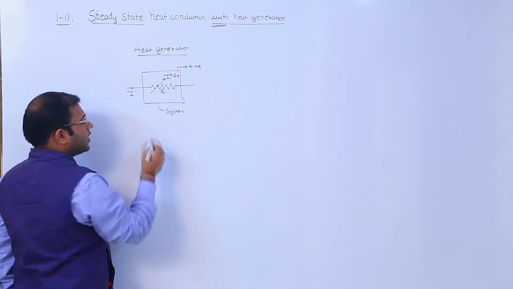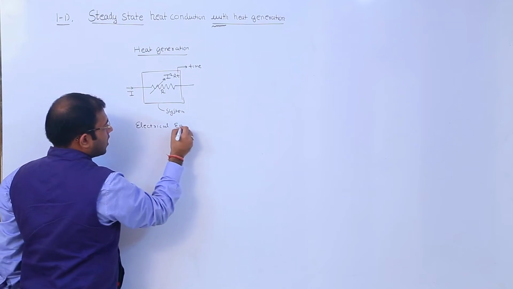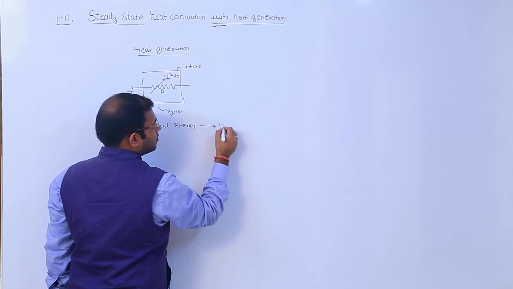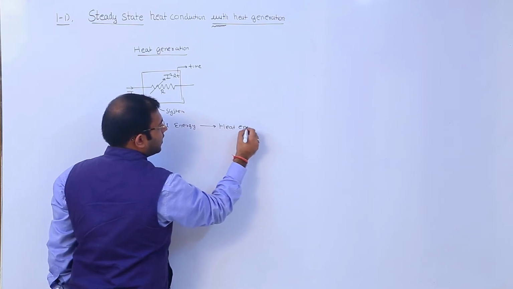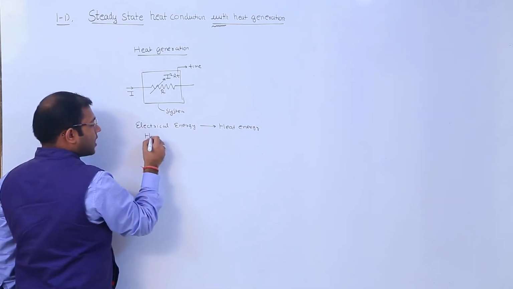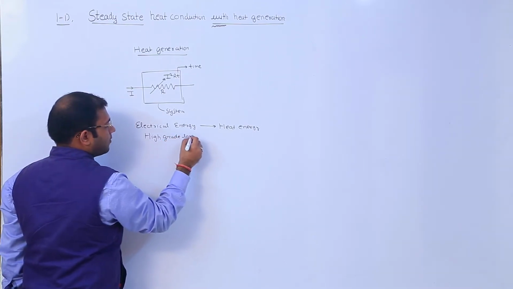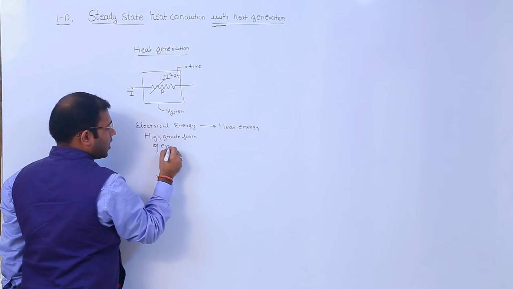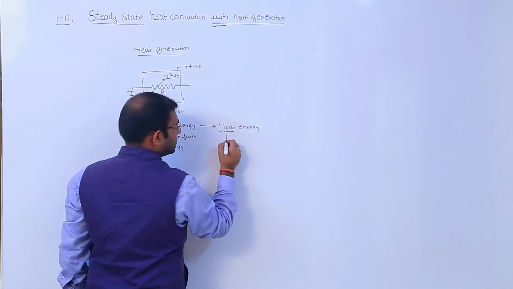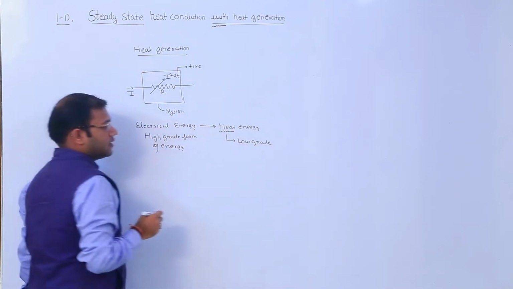Fine. So what we are doing here is electrical energy is getting converted into heat energy, and we know that electrical energy is a high grade form of energy, whereas this heat is nothing but a low grade form of energy.